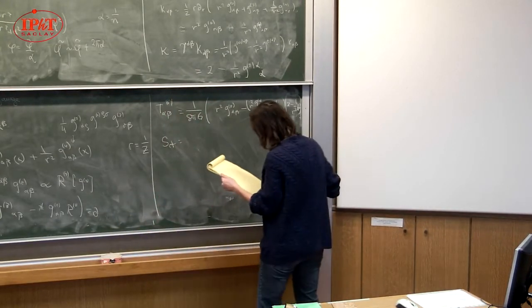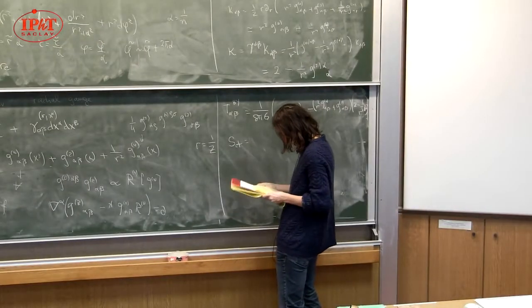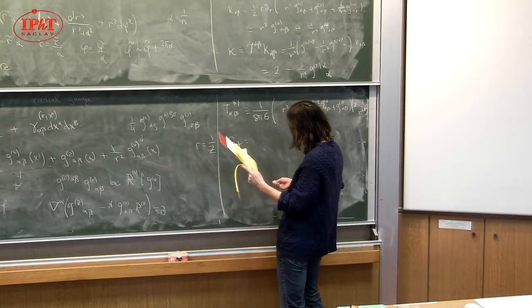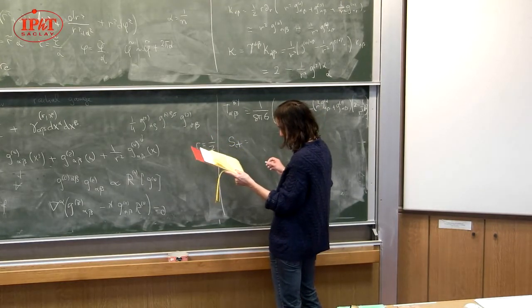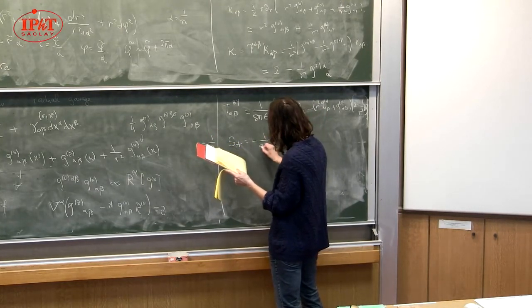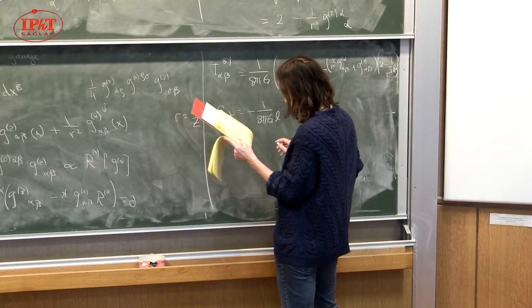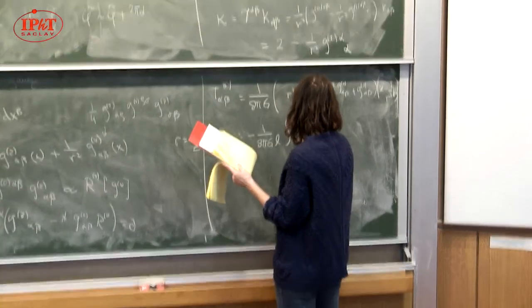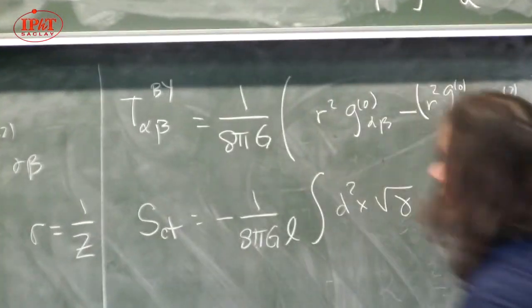The counter term that's added for AdS3 is, where did I write it? Minus 1 over 8 pi G L, integral d2x square root of gamma. Okay, did I miss something?